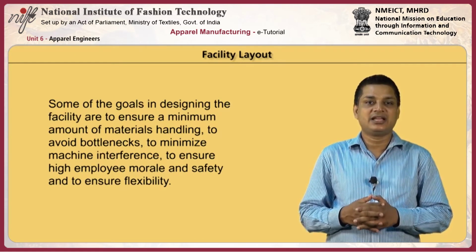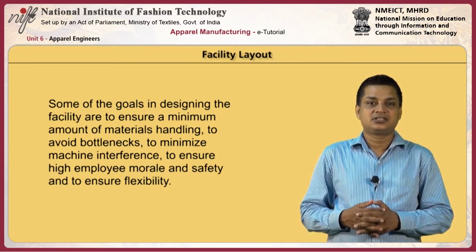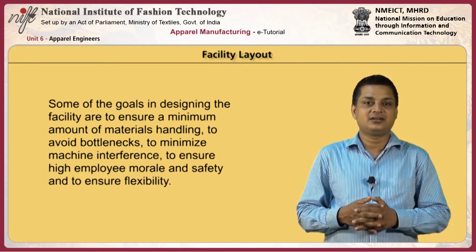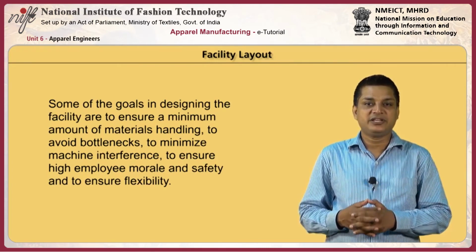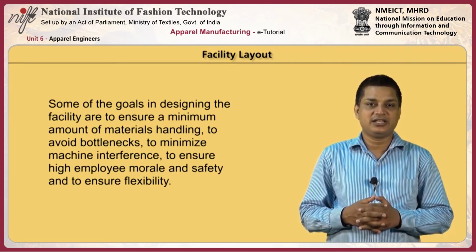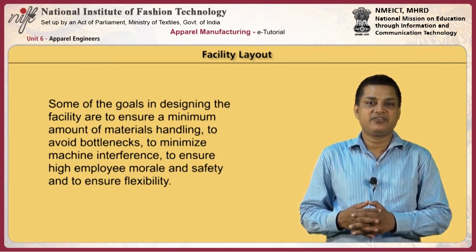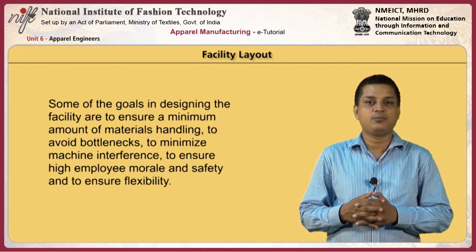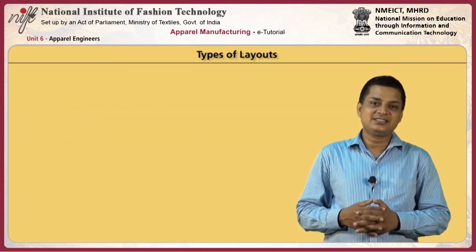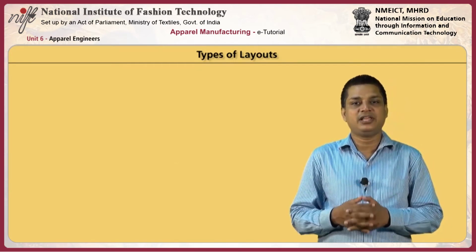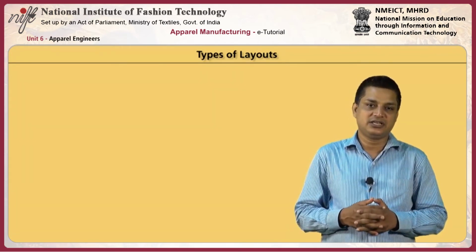Summarized by Weiss and Gerson, some of the goals in designing the facility are to ensure a minimum amount of materials handling, to avoid bottlenecks, to minimize machine interference, to ensure high employee morale and safety, and to ensure flexibility. Essentially, there are two distinct types of layout: product layout and process layout.